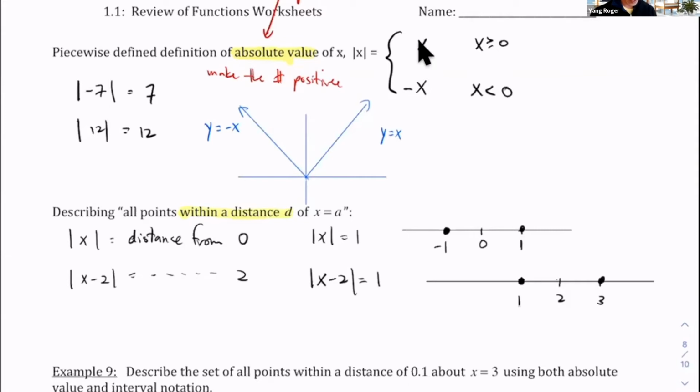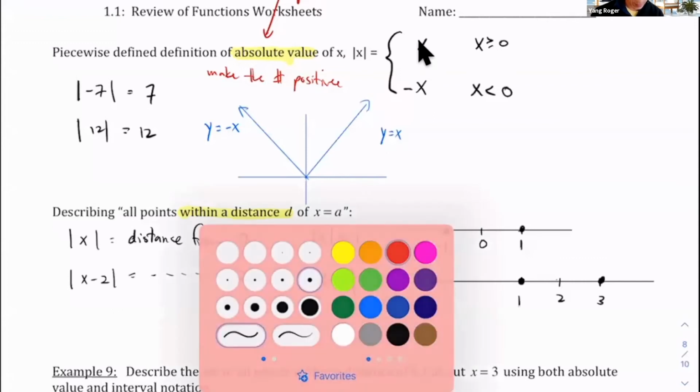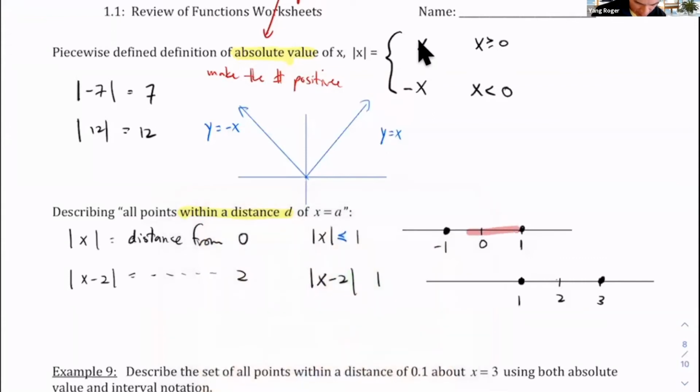Instead of equal to 1, we might put less than or equal to 1. What that means is you want everything that's within -1 to 1. If I go to shade this, it would look something like this. It's all these points in here. Does that make sense to everybody? Are there any questions about that?